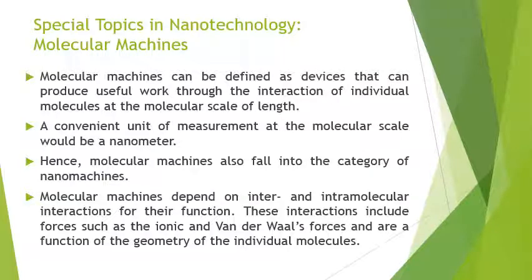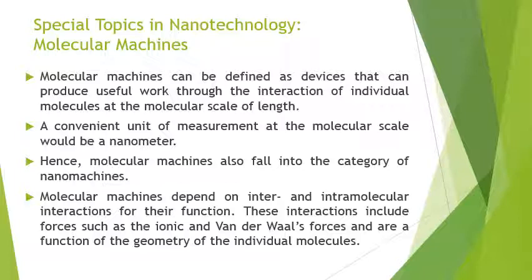So the molecular machines can be defined as devices that can produce useful work through the interaction of individual molecules at the molecular scale of length. So what is the unit of that length? The convenient unit of measurement at the molecular scale would be a nanometer.